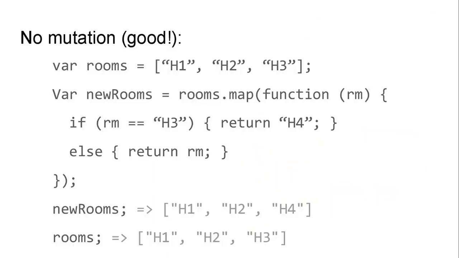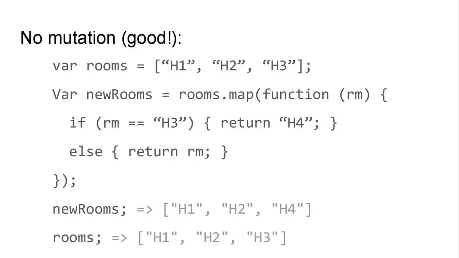No, just me. So a better way to go about things is to think of all data as immutable, never changing. For example, with no mutation, we still have our rooms, which has the wrong h1, h2, h3.